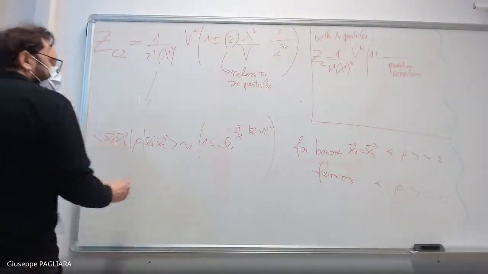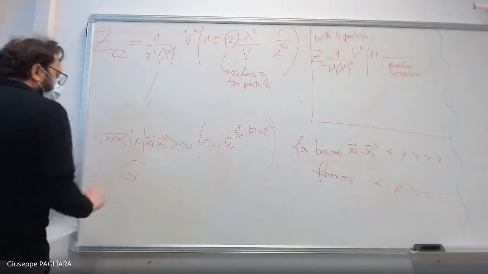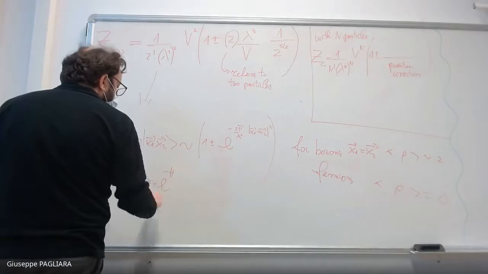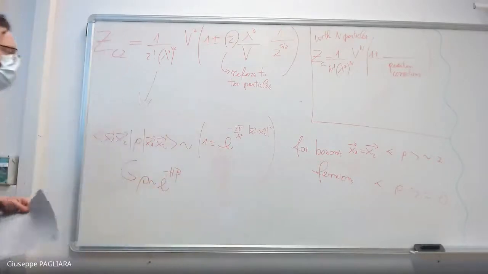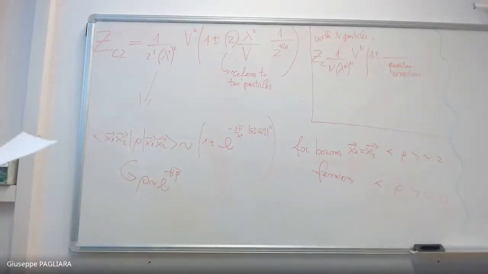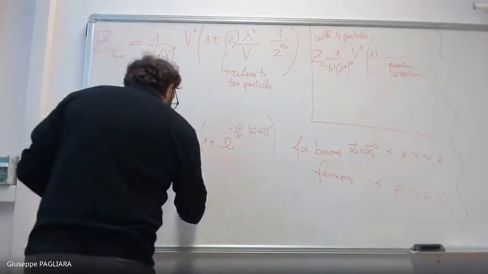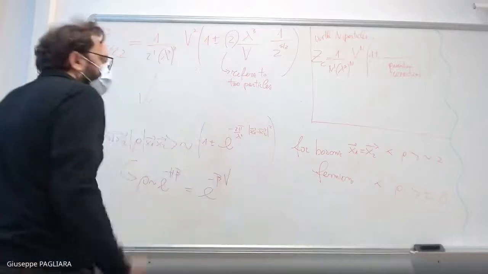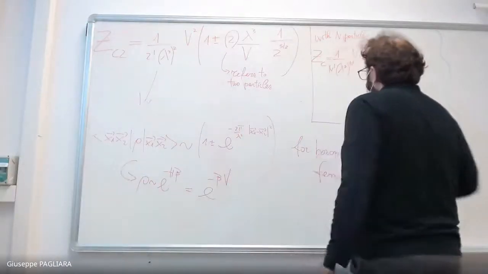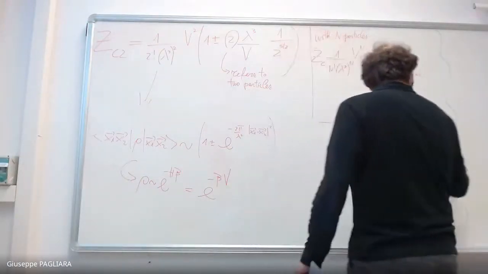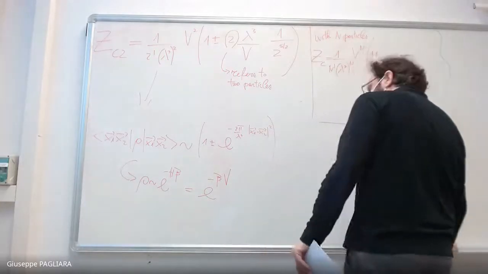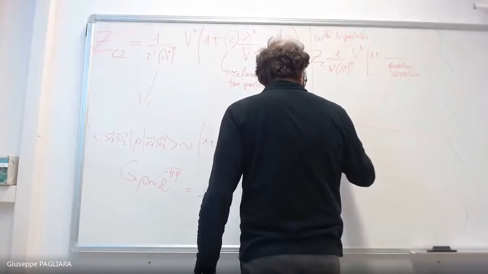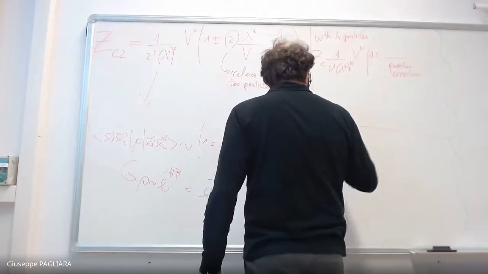And indeed, since rho has the structure of e to the minus beta H, one can introduce a potential like this, e to the minus beta V, where V is an effective potential provided by this formula.